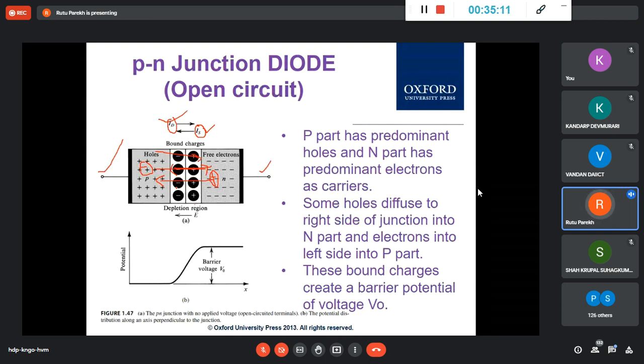Similarly, this will widen. It will have more negative charges and more positive charges. And because of that, this potential will increase.